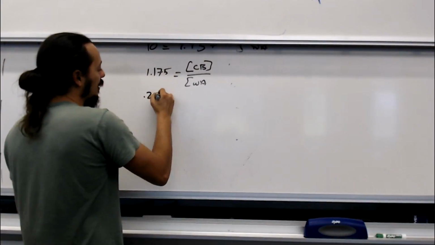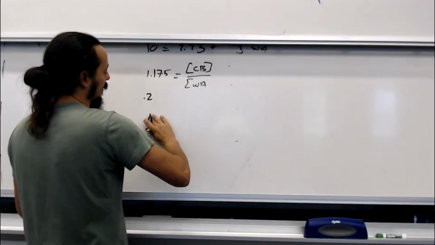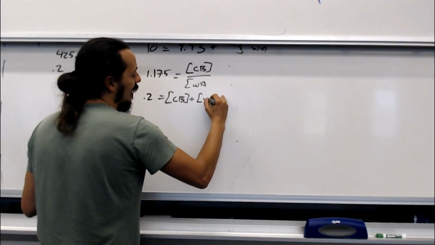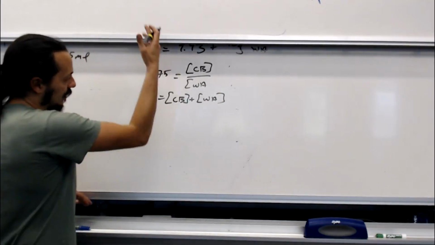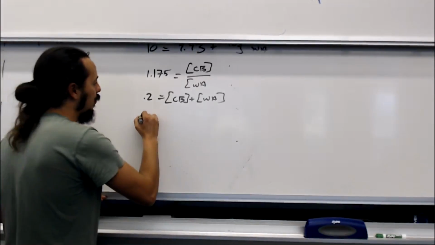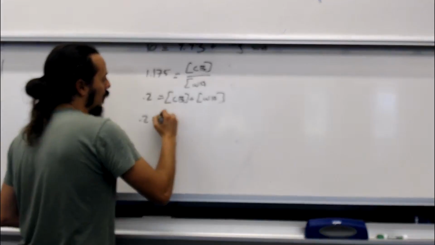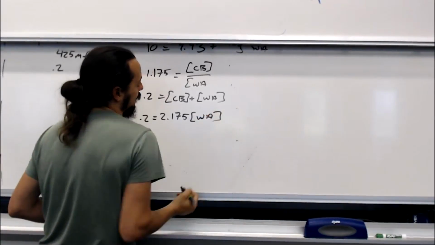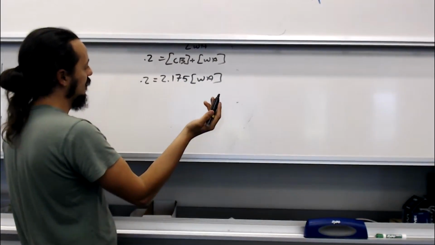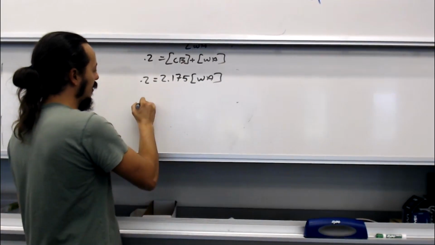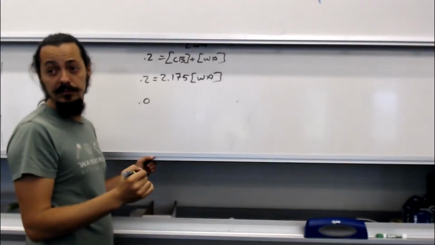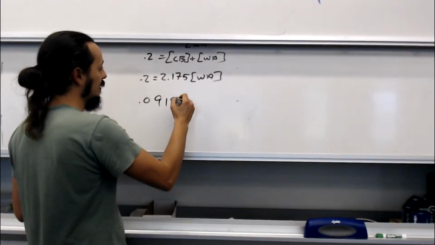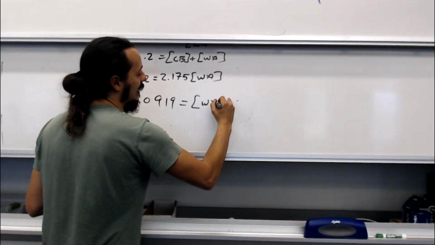You also get 0.2 is equal to conjugate base plus weak acid. You substitute and solve. You do 0.2 is equal to 2.175 weak acid. You divide. That's going to be 0.0919 equals the concentration of weak acid.